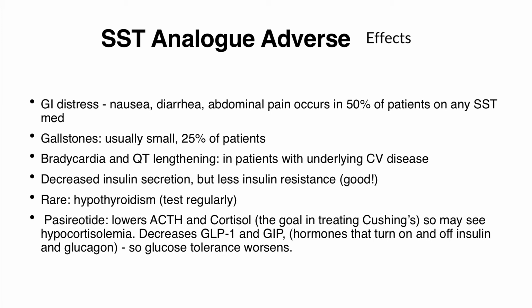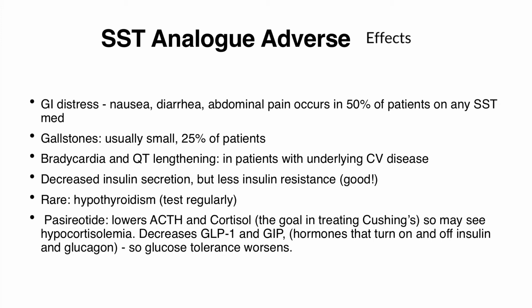It stops attending to that signal. That's called resistance. It kind of gets tired of it. So we do not want insulin resistance. We want our tissues to respond when insulin binds. So there's less insulin resistance, and that's great. In rare cases, there is the possibility of hypothyroidism, so just remember to regularly test the thyroid.